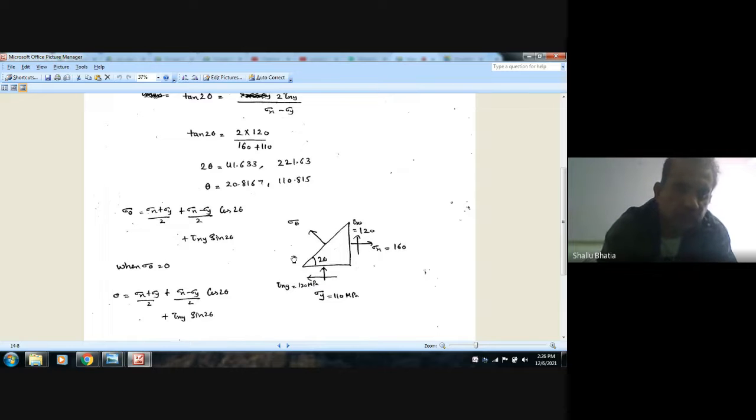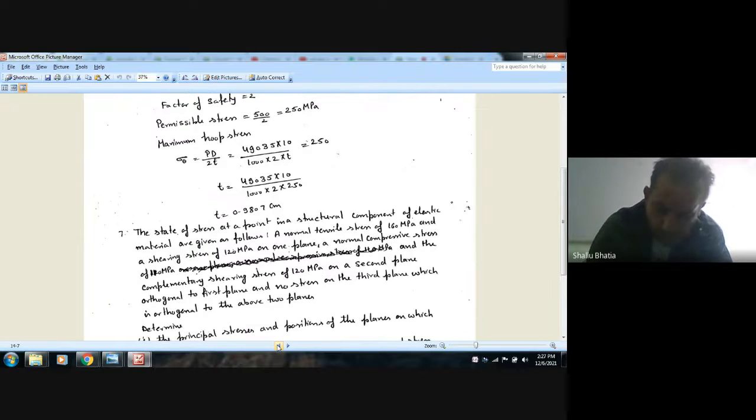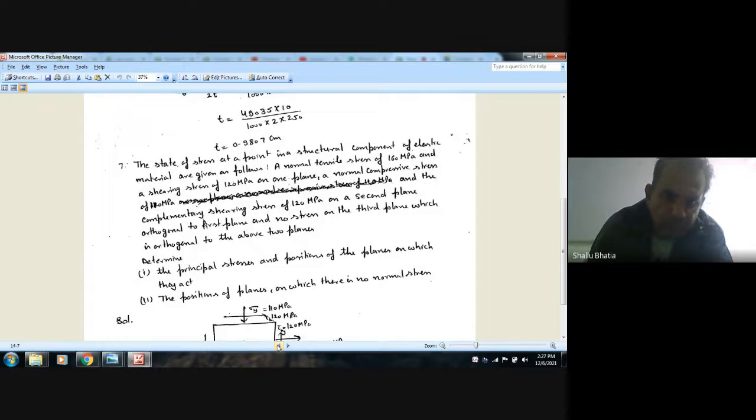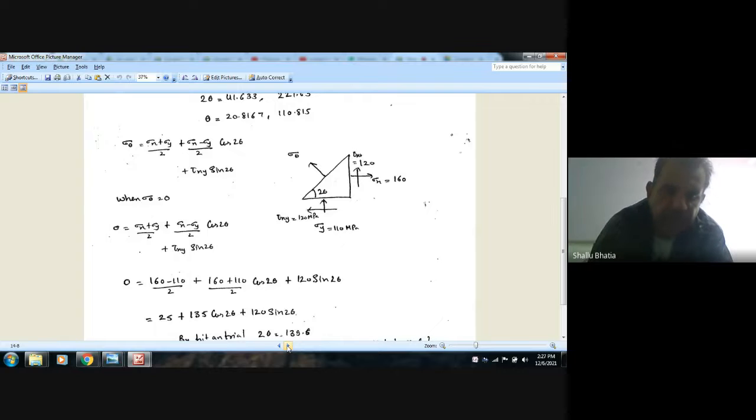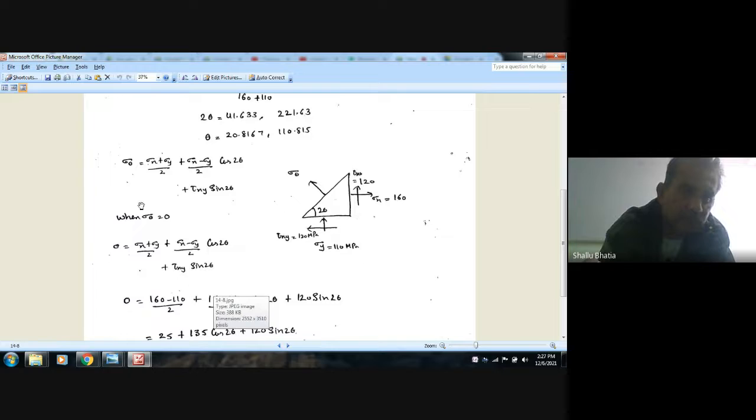And to find out the position of the plane on which there is no normal stress, we put sigma theta equal to 0 in the formula of sigma theta.